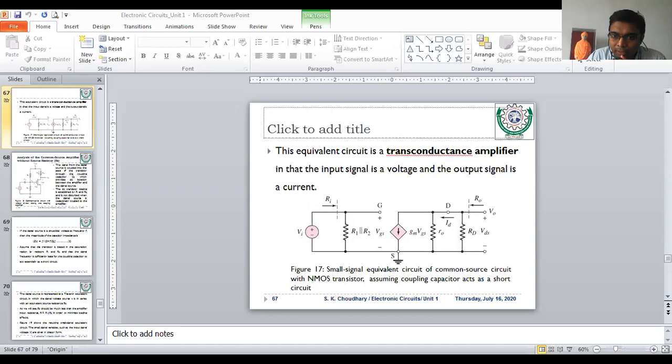The source is already at ground, so you can show the ground here, and here. Between the drain and source, you can connect a resistor, that is nothing but your capital RD.